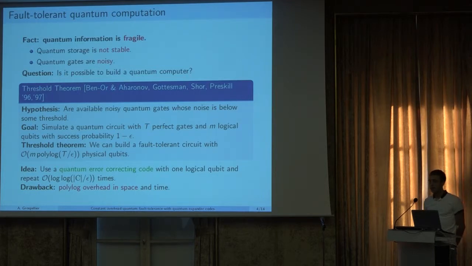However, the drawback of this technique is that you get a polylogarithmic overhead in space and time, meaning that the number of physical qubits is this when you want to implement m logical qubits.